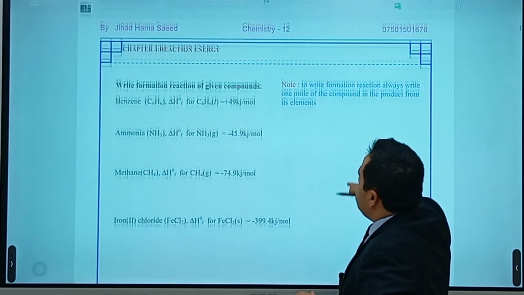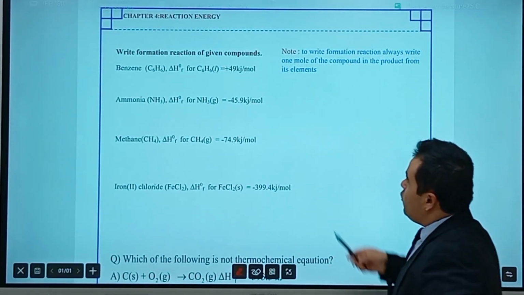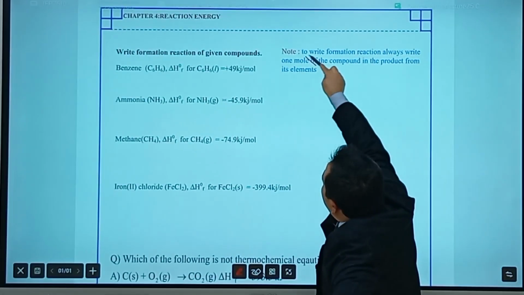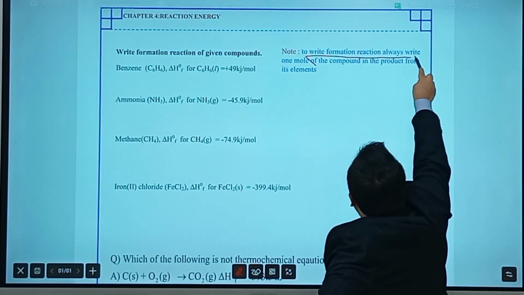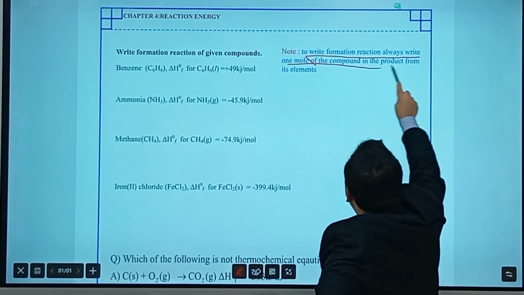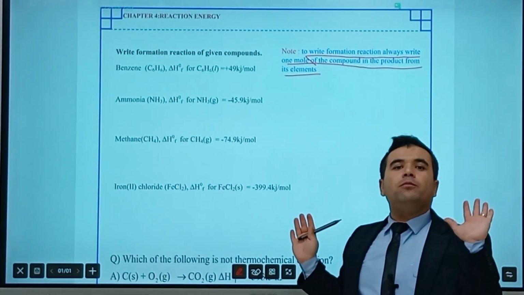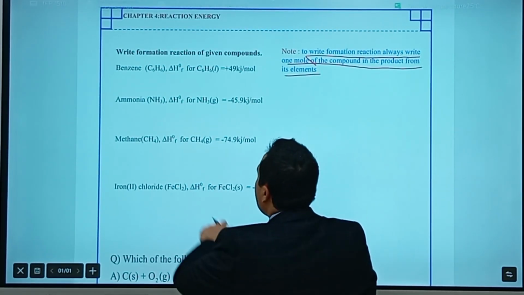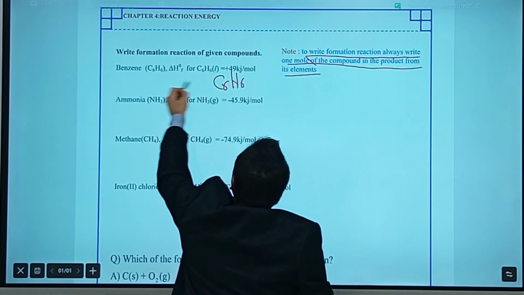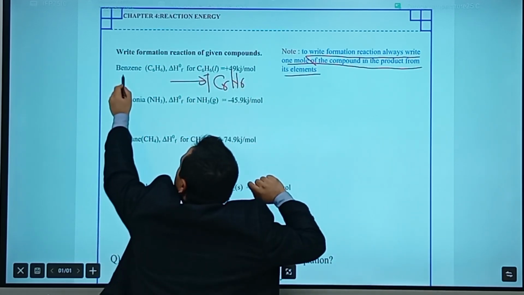Okay, guys. Let us write the enthalpy of formation for these reactions, but we have a note here. To write the enthalpy of formation, always write 1 mole of a compound in the product from the elements. For example, here we have C6H6. 1 mole of this must be in the product, formed from the elements carbon and hydrogen.